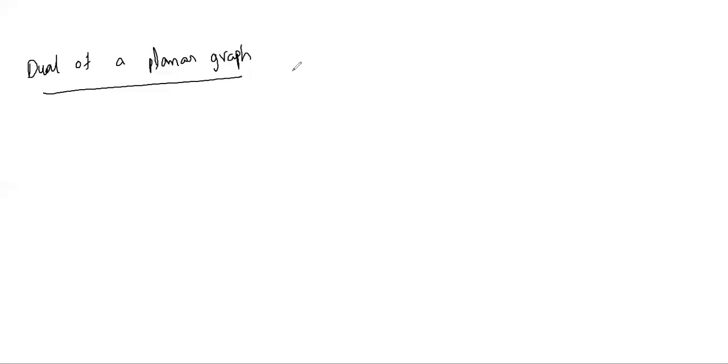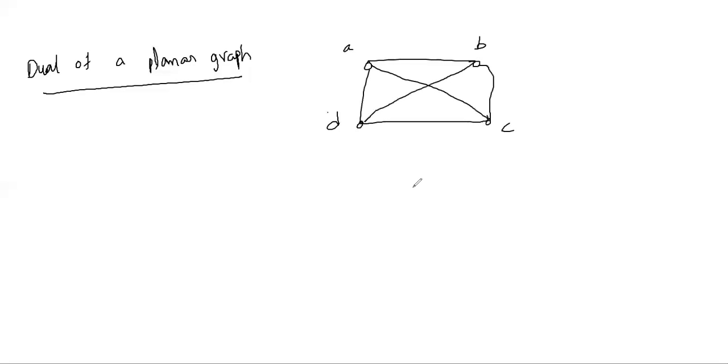For example, if you take like this, A, B, C, D. So now, is it a planar graph? First you have to derive whether it is planar. Sometimes a planar graph looks planar directly, sometimes not.